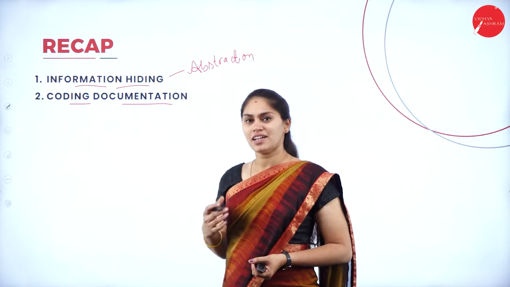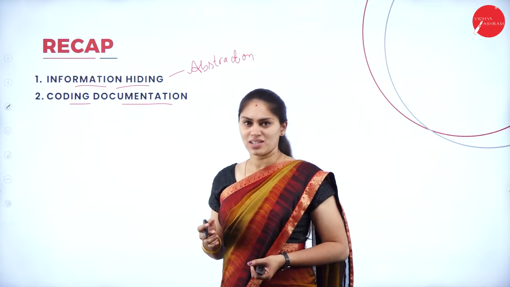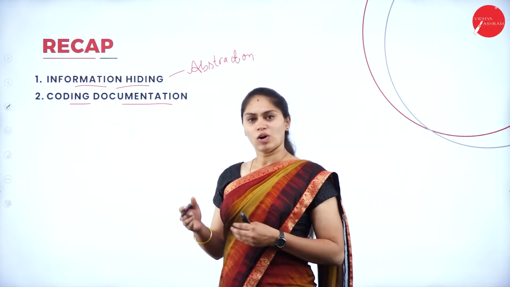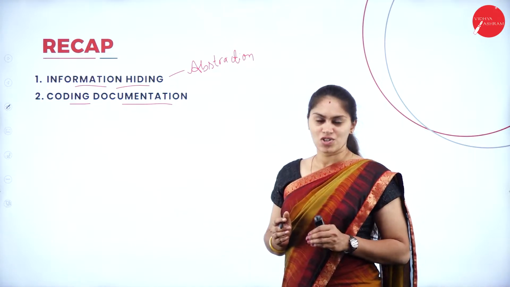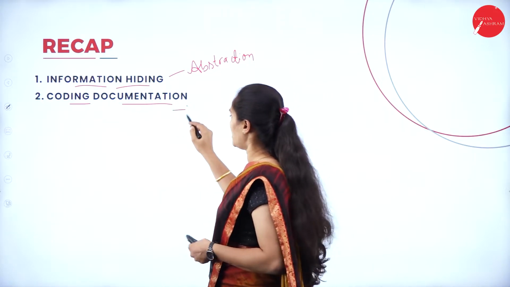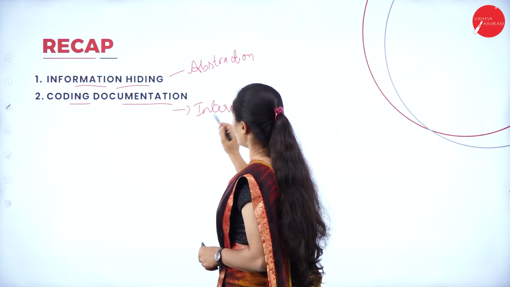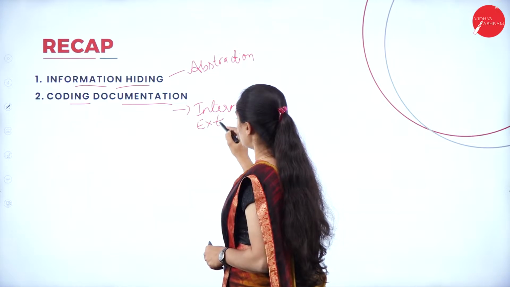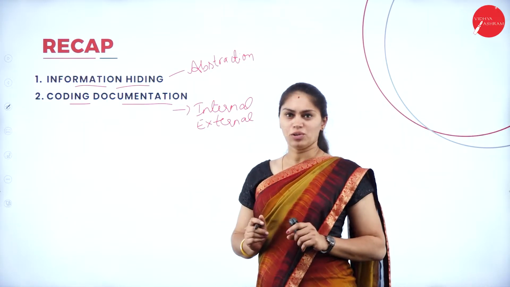It is necessary to maintain whatever we have done for a particular program or project. To maintain all those details, it's necessary to have coding documentation, and it is of two types: one is internal documentation and another is external documentation. You need to remember what each documentation holds.